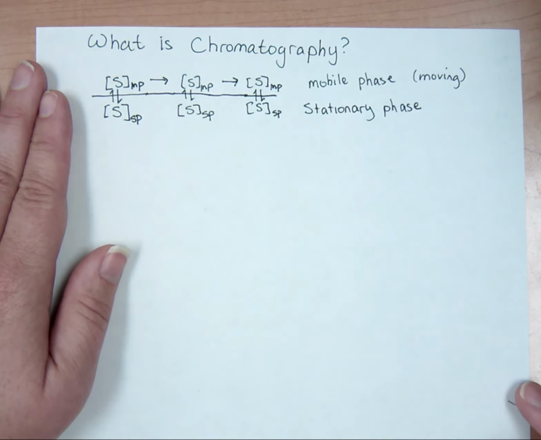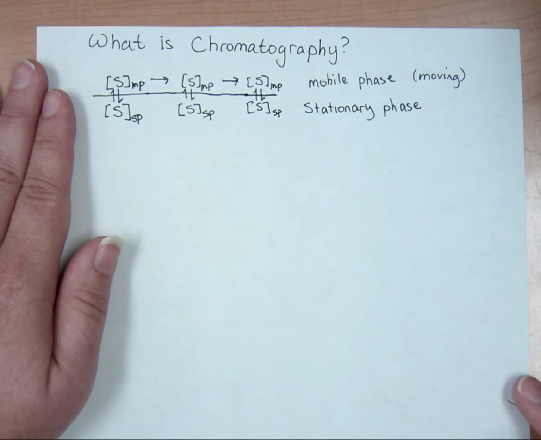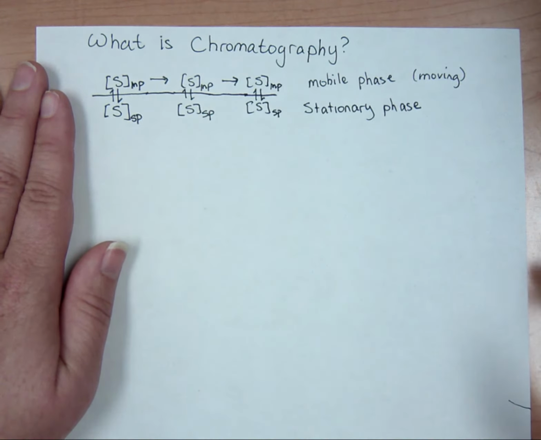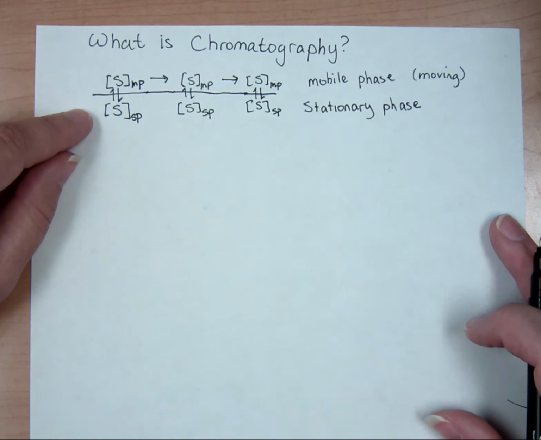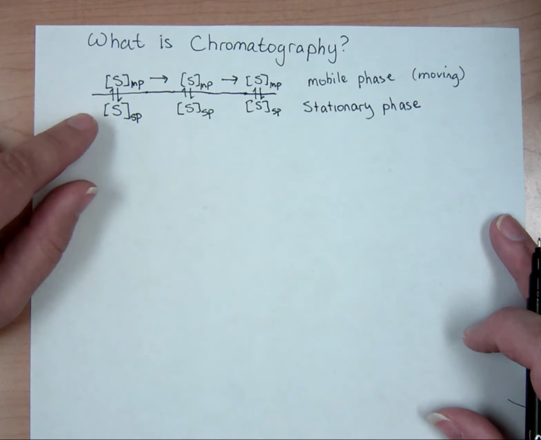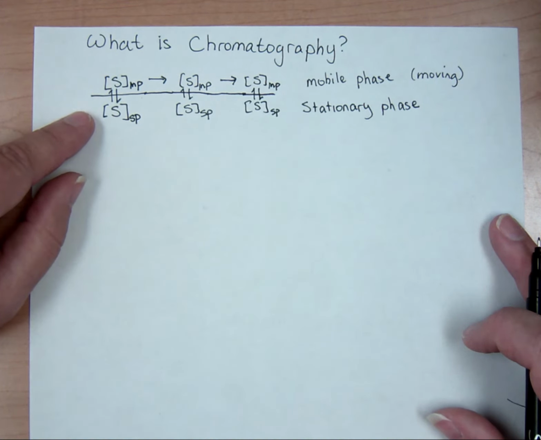Okay, so how do we use this to our advantage? Well, if we have analytes that have different equilibria, where some of them will prefer to spend time in the stationary phase versus in the mobile phase, these will spend a lot of time in the phase that is not moving.